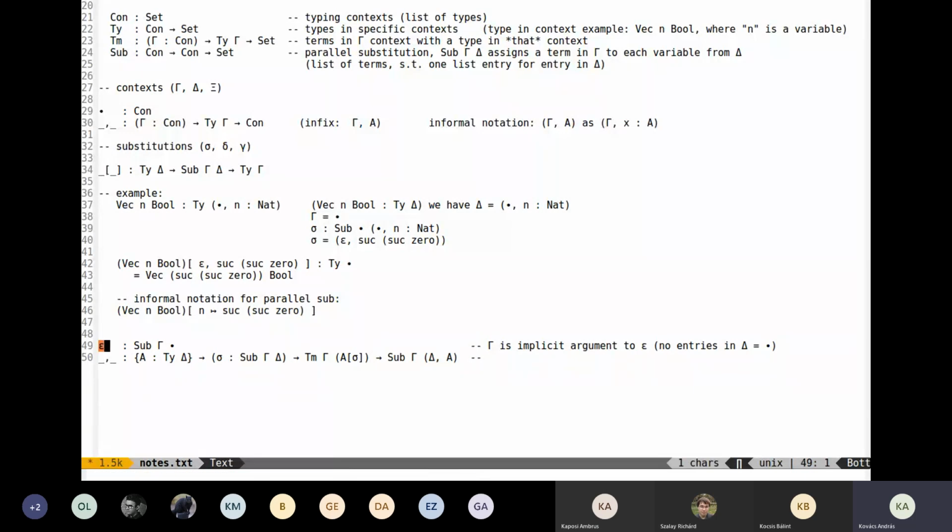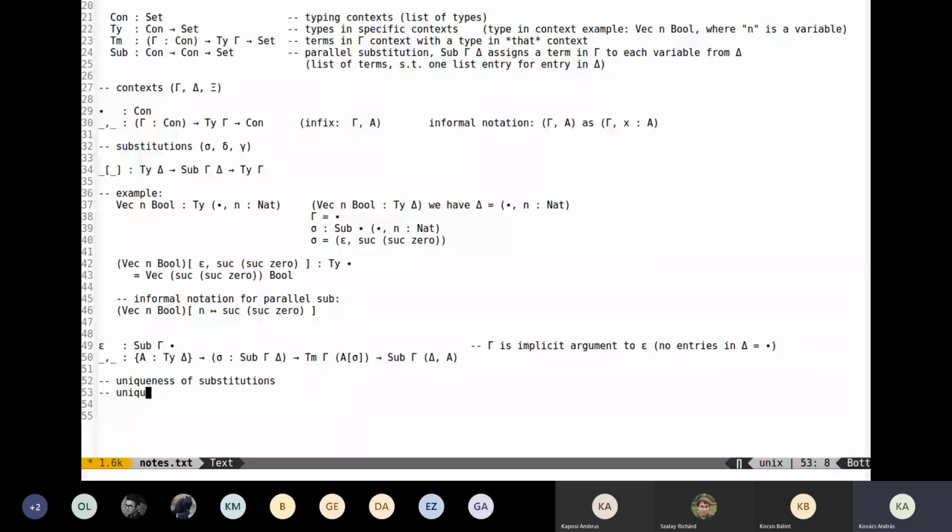So we have the empty substitution and we have the extended substitution, but we also have some rules for uniqueness of substitution. What do we mean by uniqueness? So first, we have a rule which says that every substitution which goes into the empty context must be an empty substitution.